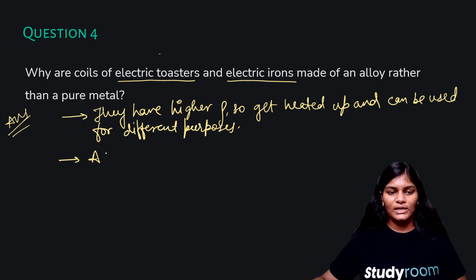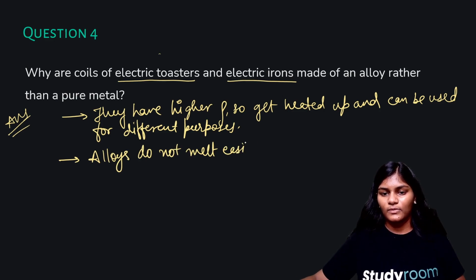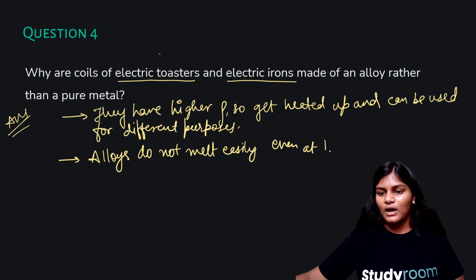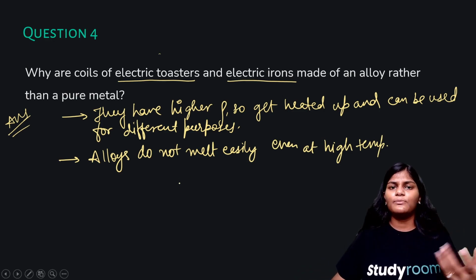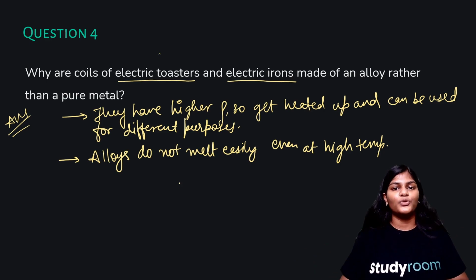We would write that alloys do not melt easily even at high temperatures. Okay, and then you can look up some more points, but these are the main points that you need to know why alloys are used over metals.